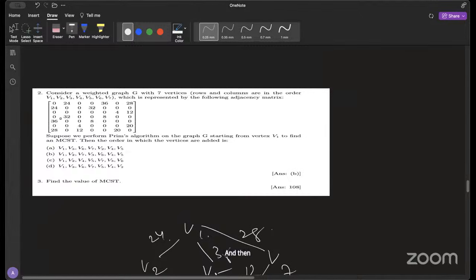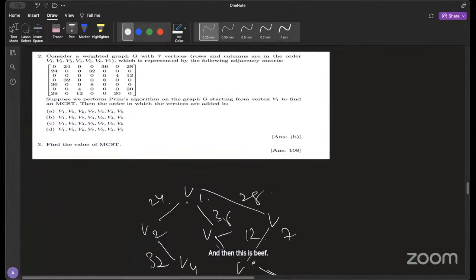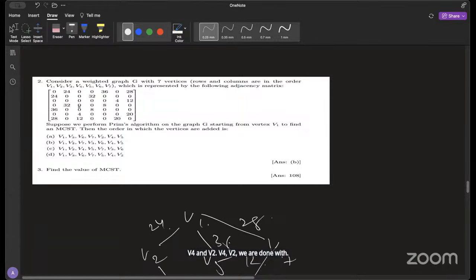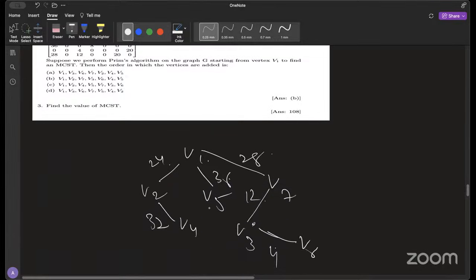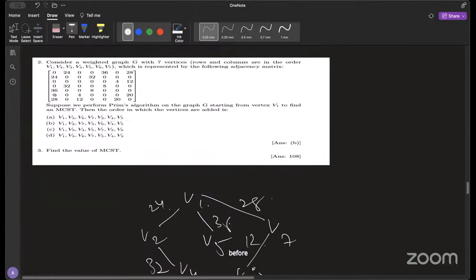And then this is V4 and V2. V4, V2 we are done with. And then V4, V5. V4, V5 is it? Wait, isn't this the diagonal entry? I think V4, V5 is 8. No, no, V4, V5, the line above it.